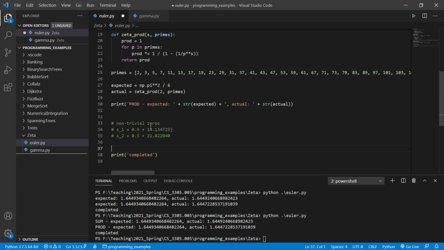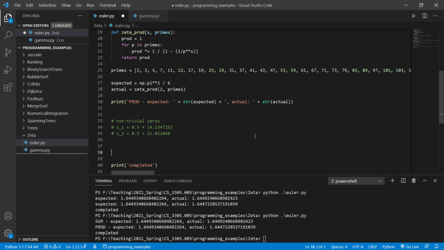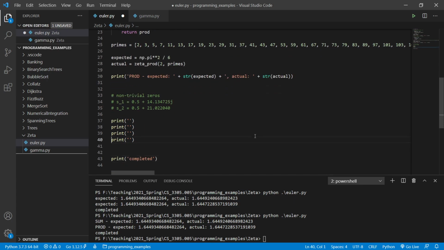Okay, so let's play around with the values in between there. So again, we have two forms. So let's use each. So for this one, we'll do 10.